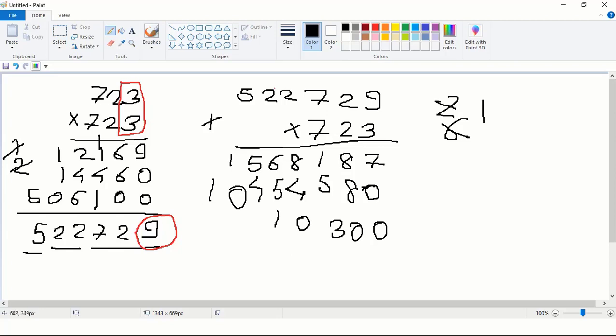So here 51. 7 into 2, 14, 14 plus 5, 19. Now 7 into 2, 14, plus 1, 15. Now 7 into 5, 35, and 1, 36. So here 36.